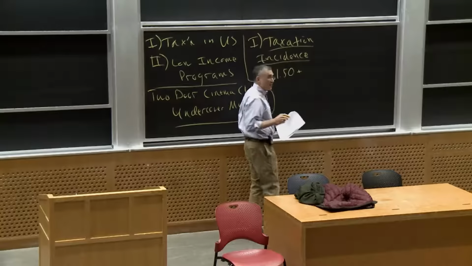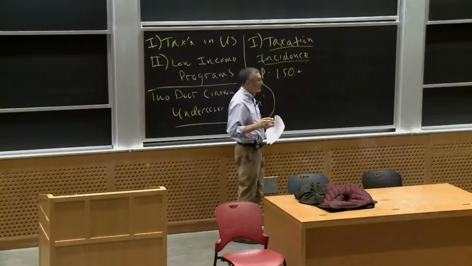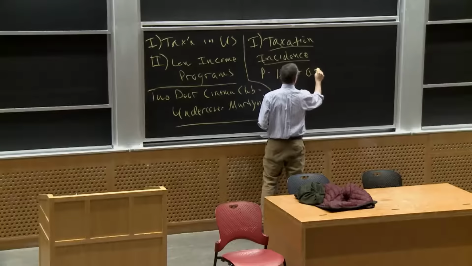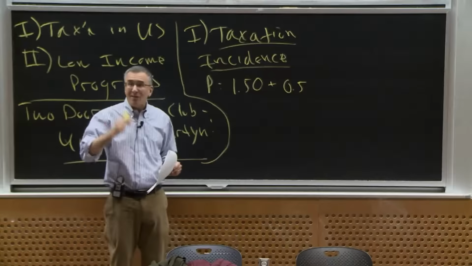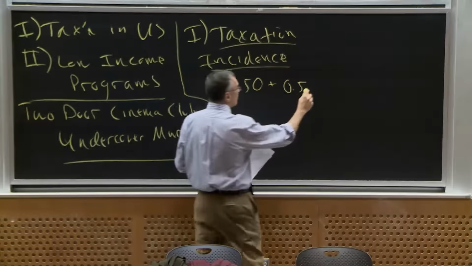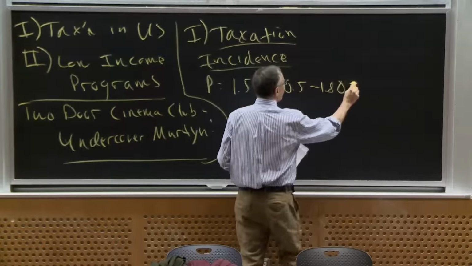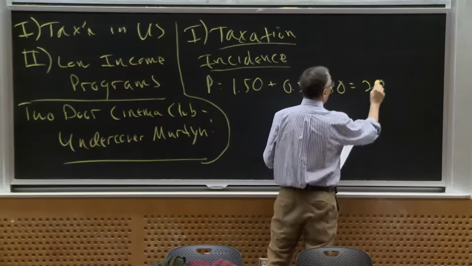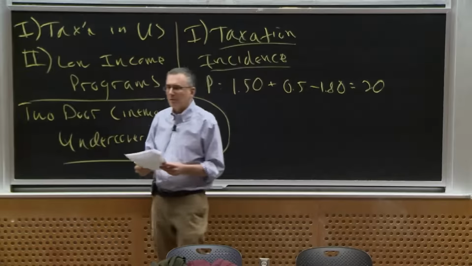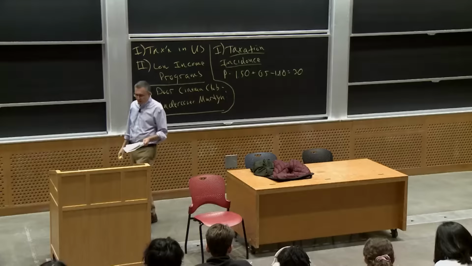Now they have to send 50 cents to the government, but they now get $1.80 per gallon. So on net, their burden is 20 cents. That is, they are bearing a burden of 20 cents.